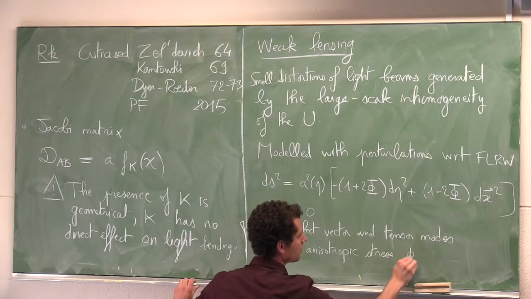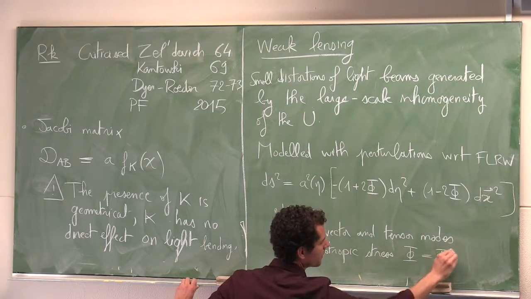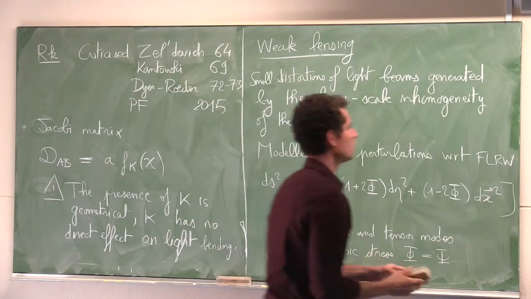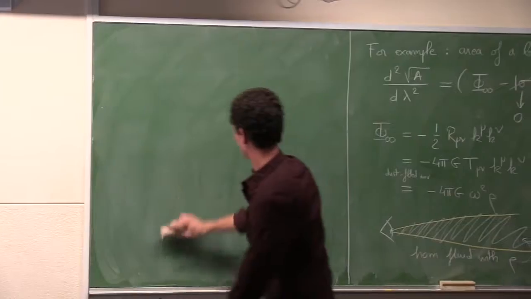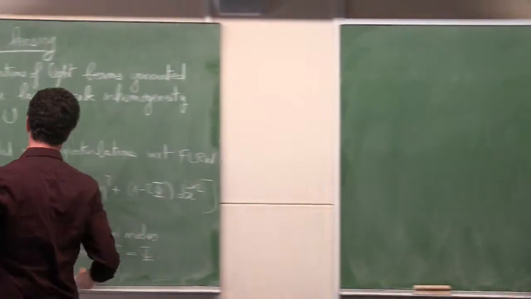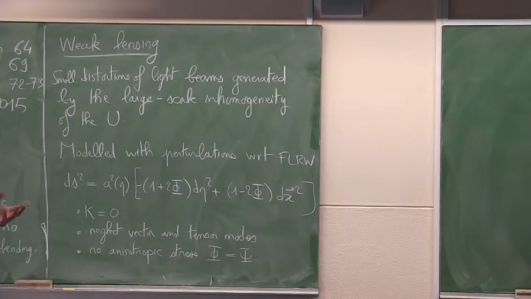Alright. So this is a very Newtonian-like metric in this case. And the Bardeen potential matches on small scales the intuitive Newtonian potential.